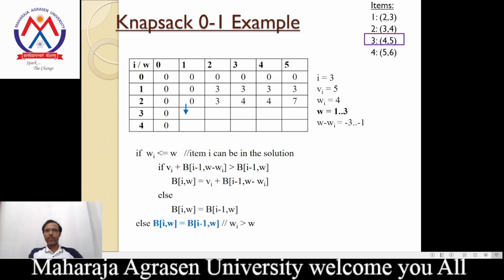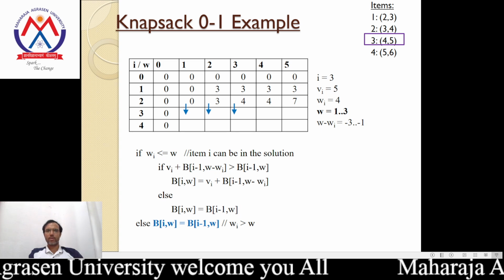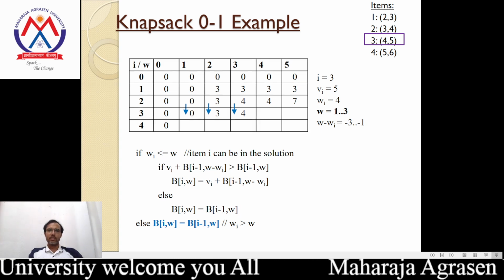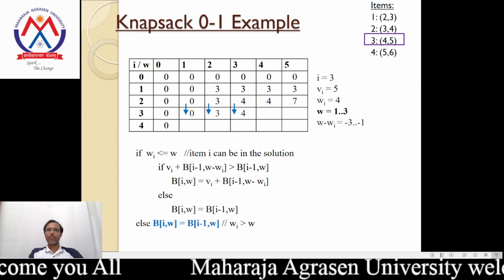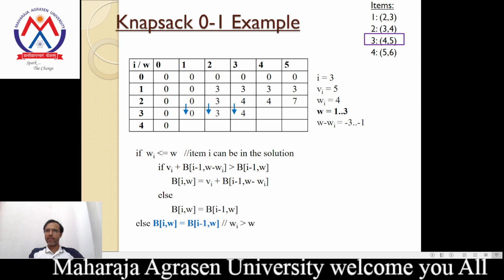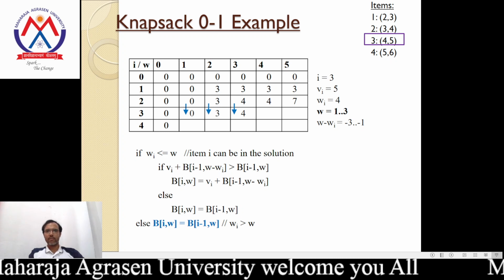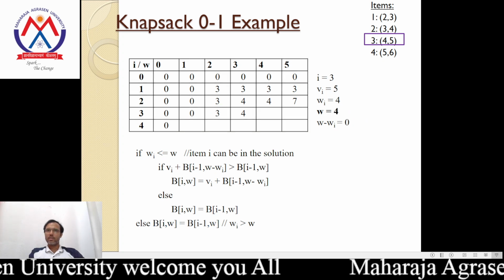Now the profit value, because we haven't selected, if the weight is 1, the profit will be the same, zero. The same value with the same cases, because we have selected the 3, the profit will be the same. Now in the case of 2 plus 3 equal to 5, 3 plus 4 equal to 7, the value will be the same.